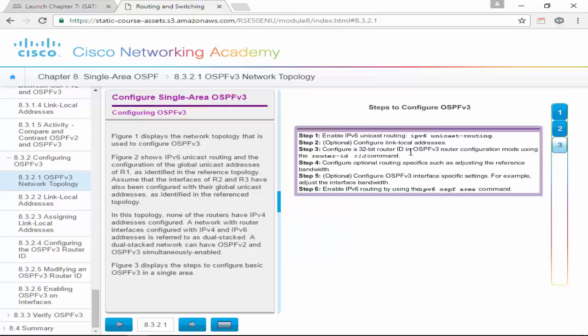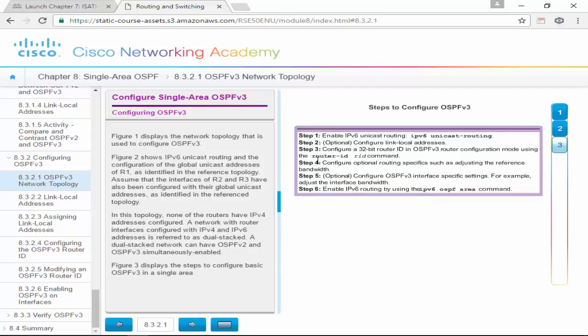But what you would do is configure the 32-bit router ID. And how you would do that is the router ID command just like you did before, but you'd say IP version 6 router OSPF. That's what allows you to do OSPF version 3. IP version 6 router OSPF rather than just router OSPF.